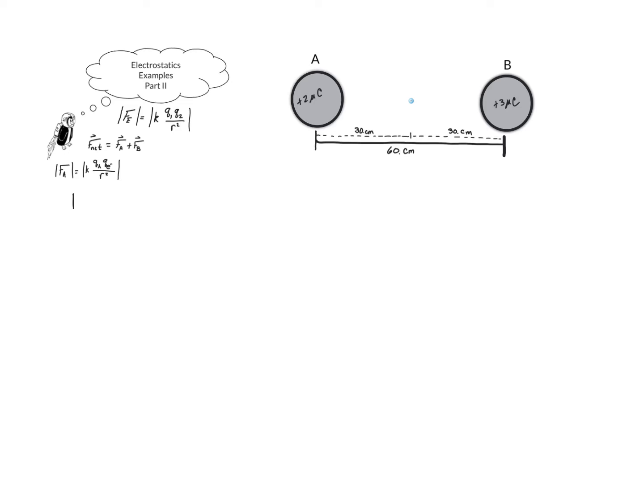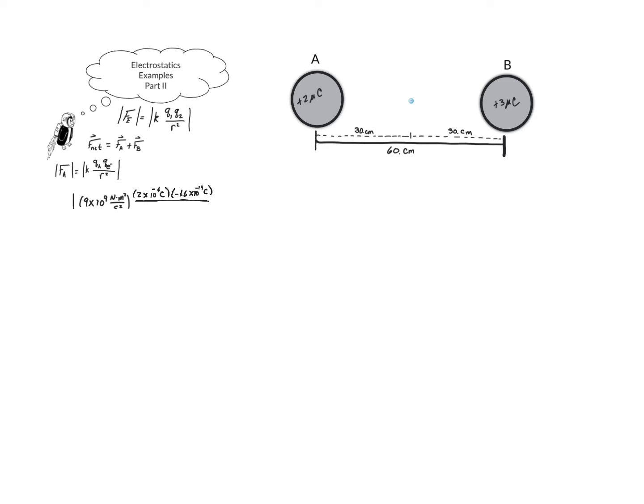As you recall, Coulomb's constant is 9 times 10 to the 9 newton meters squared over coulombs squared. Now we're going to multiply that by 2 microcoulombs, or 2 times 10 to the minus 6 coulombs, times the charge of the electron, which is negative 1.6 times 10 to the negative 19 coulombs.